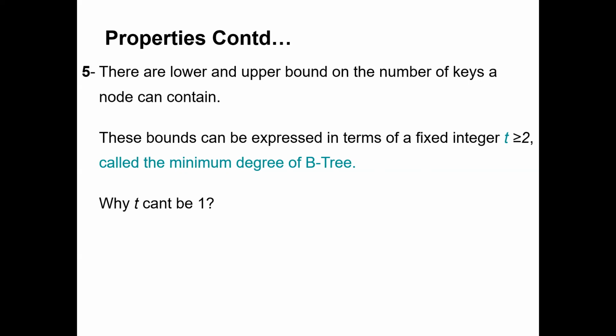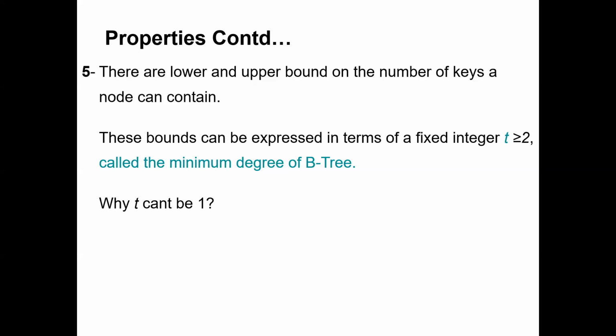More importantly, as we have already discussed, m is the degree of a B tree, and it defines how many children a node can have in the maximum case. Now, in order to understand B trees further, always remember that a node can have at least t minus 1 keys and at most 2t minus 1 keys.